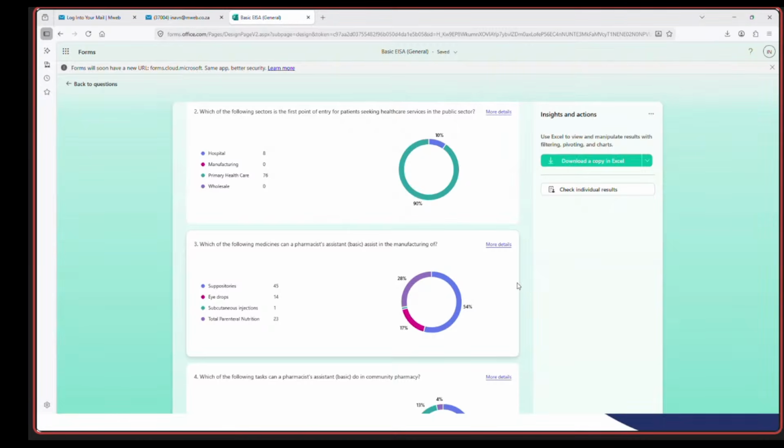So that is a way of thinking when you answer your questions. And then you will also know where to look for the scope. You can look at your reference material, that will be in the legislation and the scope of a pharmacy assistant basic.